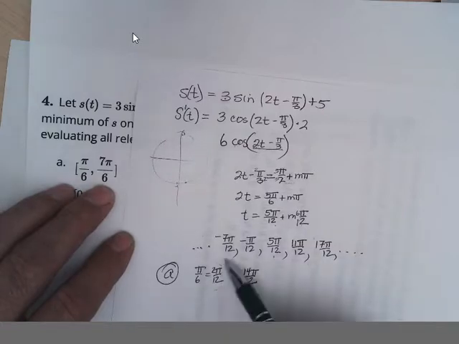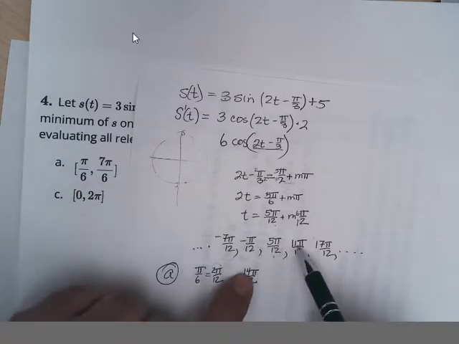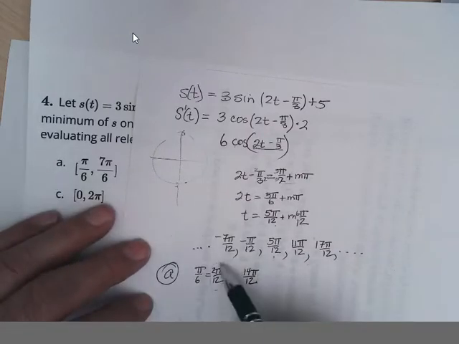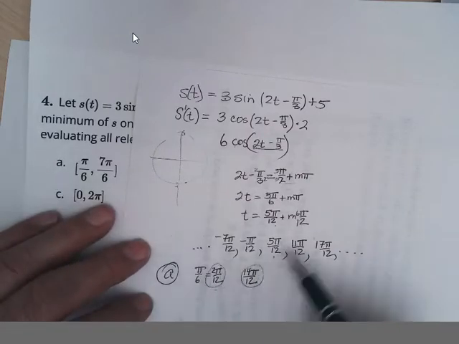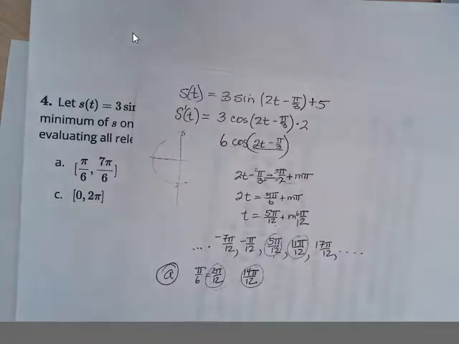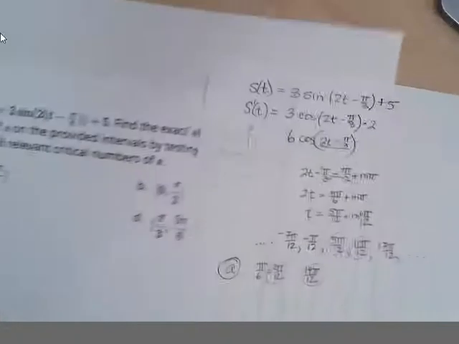So this one's between 2/12 and 14/12, and that one's between 2/12 and 14/12. So for A, I have to plug this in, that in, that in, and that in to look for my max and mins. And I'll let you type those into the calculator. That should be easy enough to do.